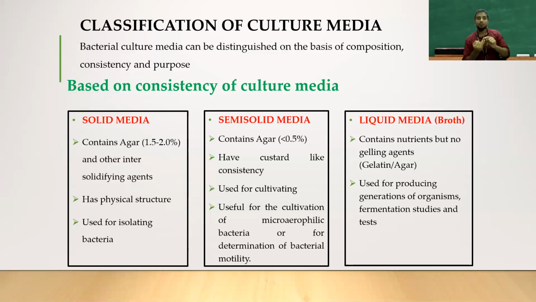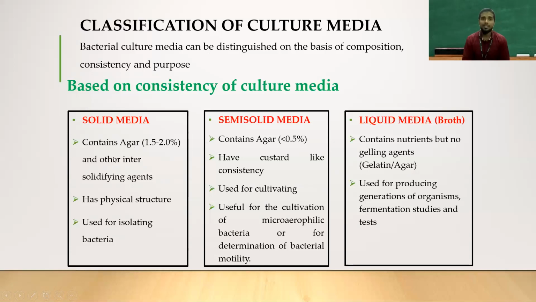Whereas upma is semi-solid, and fruit juices are completely liquid. Similarly, culture media can be of three types based on consistency: solid media, semi-solid media, and liquid media.